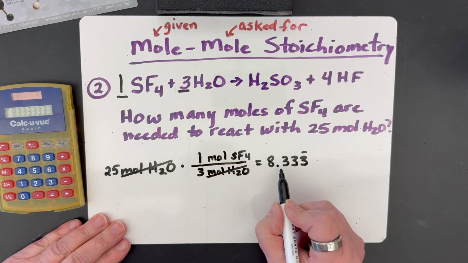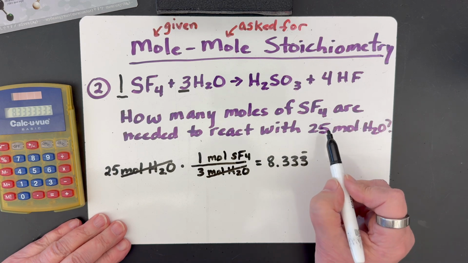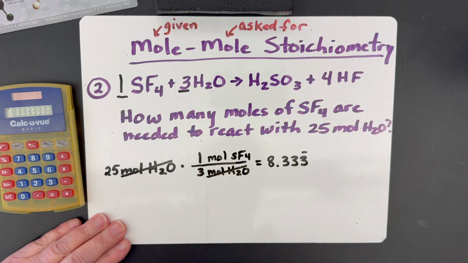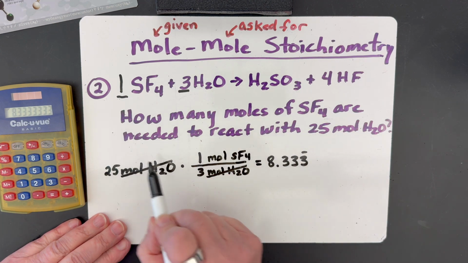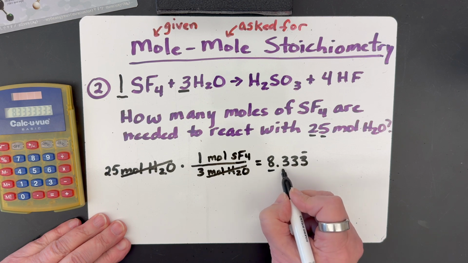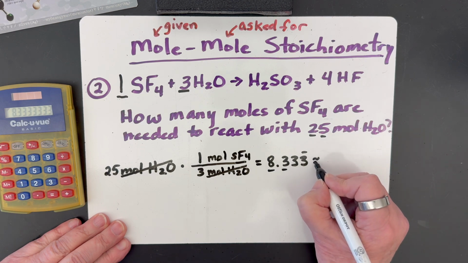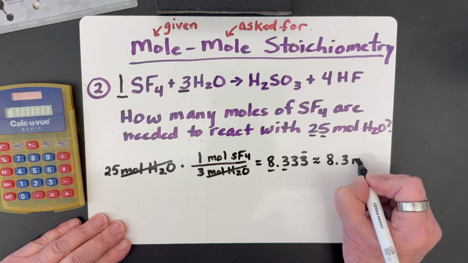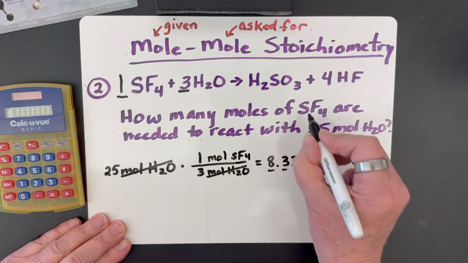So doing significant figures, we go back to our original problem. Don't ever use the conversion factor. Go back to the original problem. We have 2 digits, so we're going to keep 2 digits. So our answer is going to be 8.3 moles of SF4.